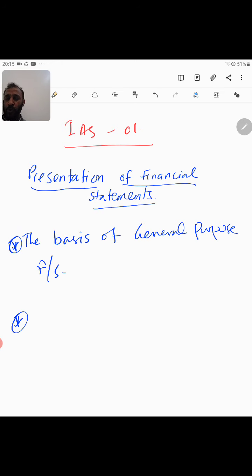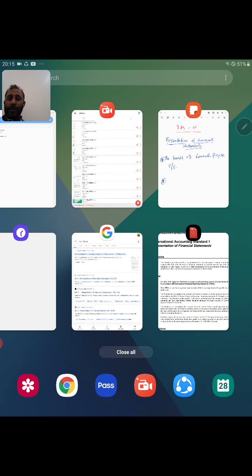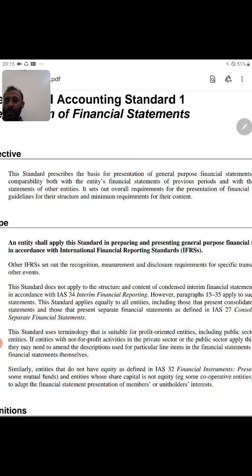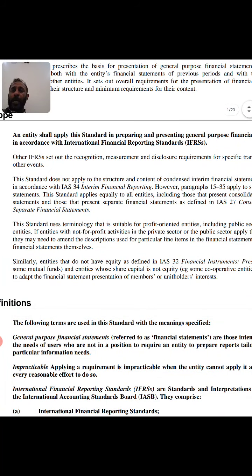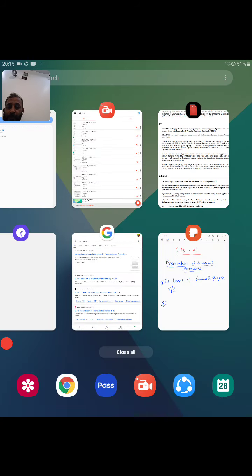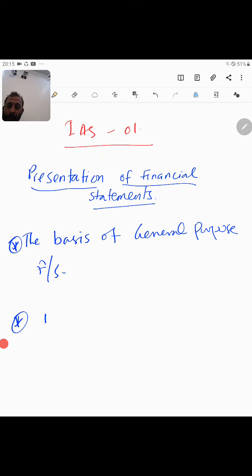Then the second step in the standard is the scope. An entity shall apply this standard in preparing and presenting general purpose financial statements in accordance with IFRS. What does that mean?